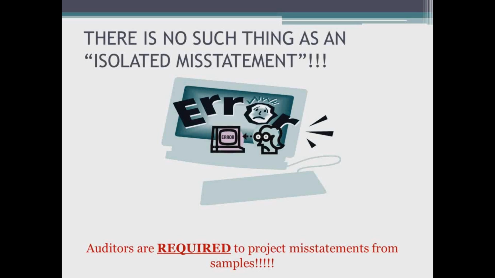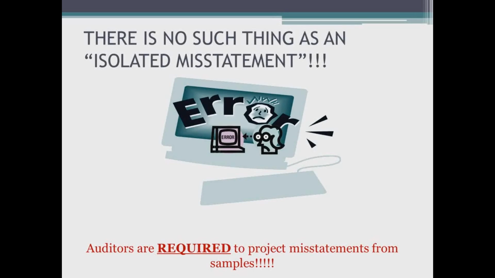Okay, so I think what you're trying to say is you have to project that misstatement to the rest of the population. The sample is supposed to be a representative sample of your entire population. So if you find an error in your sample, you have to project that to the entire population.